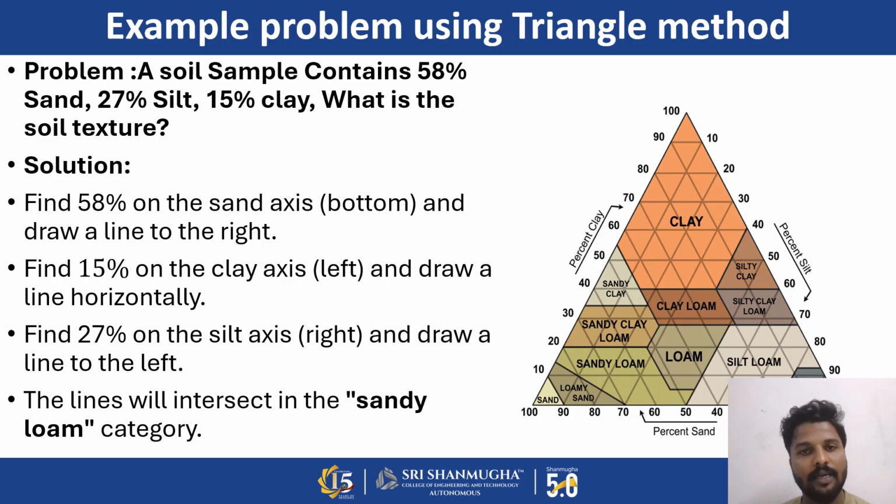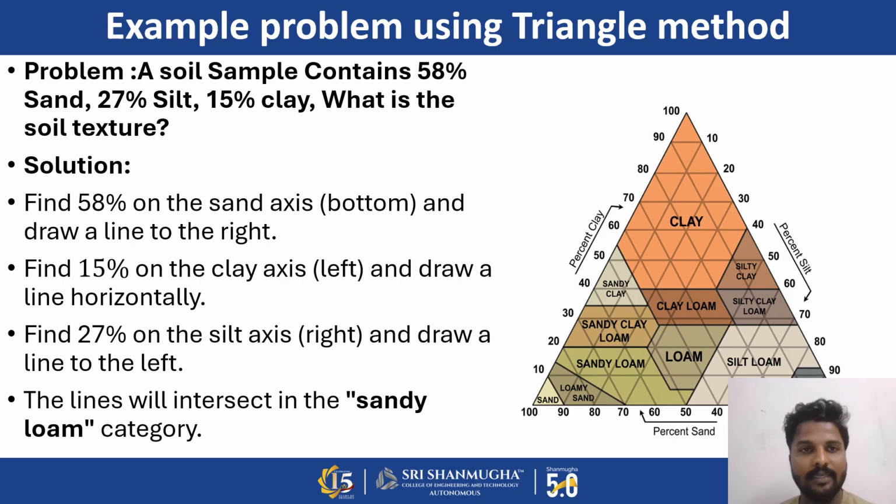A soil sample contains 58% of sand, 27% of silt, and 15% of clay. They are asking what type of soil texture that soil sample is. Here I have given the step-by-step solution procedure to find the solution.